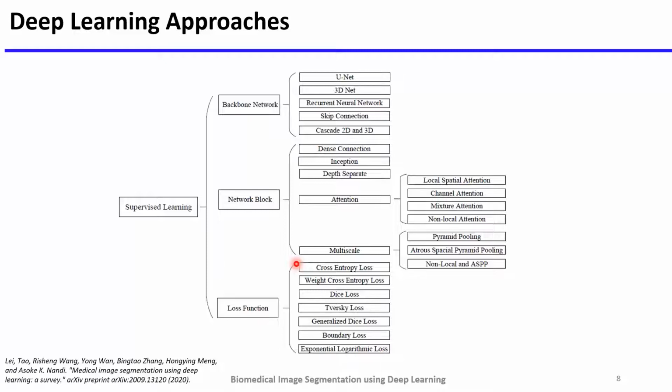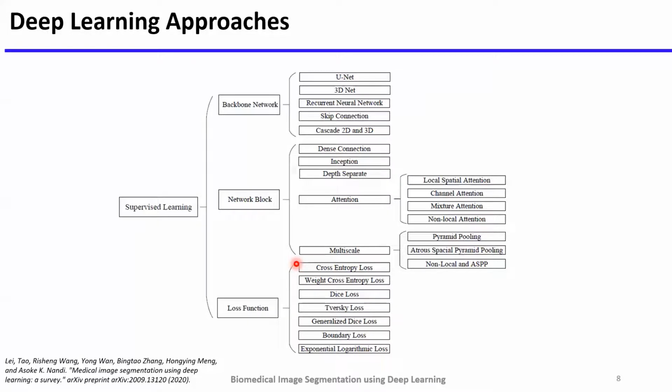The backbone network includes variants of UNet, such as 3D UNet, or RNN, skip connections, and cascaded 2D and 3D. For network blocks, we may have inception, attention, and multi-scale. The loss function plays an important role for any particular problem or application domain. We have a lot of loss functions available, and we may think of a new loss function that makes the model more robust.